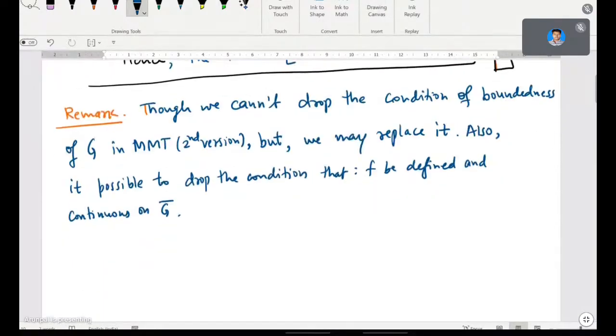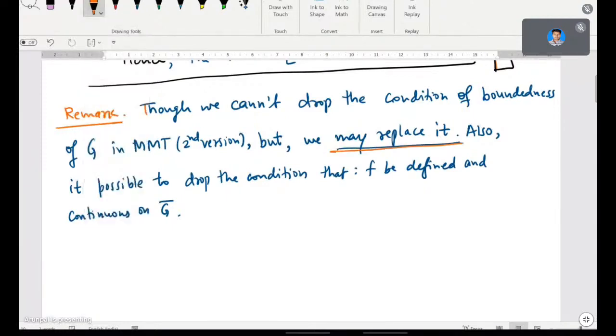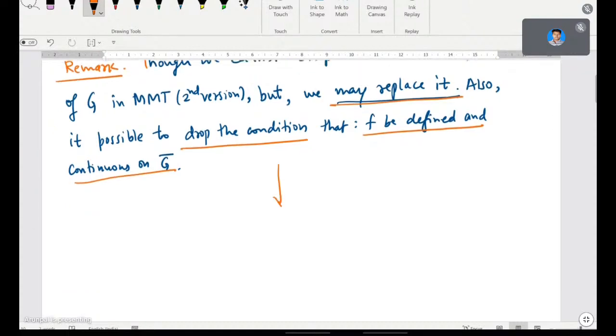Yes. So, class, this replacement of the condition on G, and this dropping of the condition of the defining and continuity of f on G bar, result into the maximum modulus theorem third version.